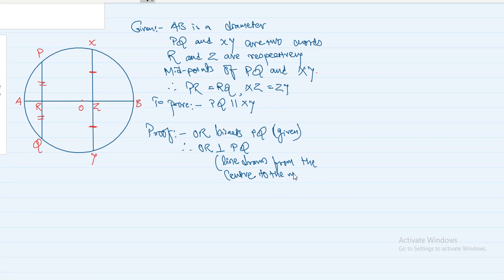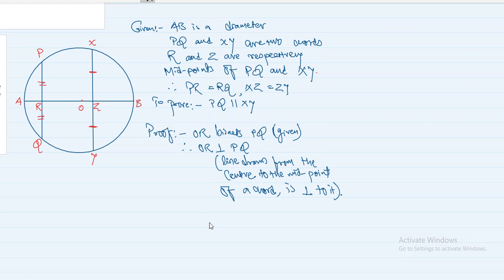Line drawn from the center to the midpoint of a chord is perpendicular to it.